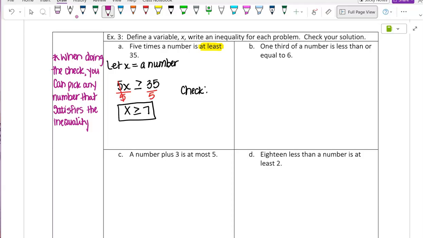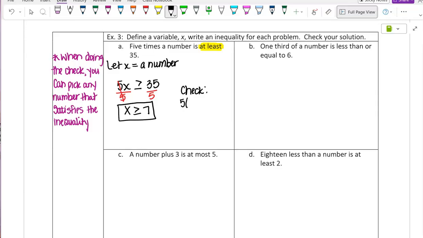So in our case, our inequality is x is greater than or equal to 7. So let's pick a number greater than 7 to put in for our check. So what's a number greater than 7? All right, so we can check 8.